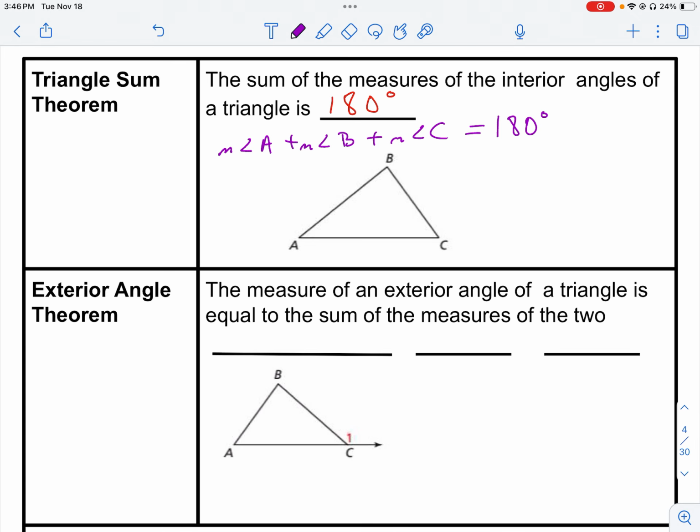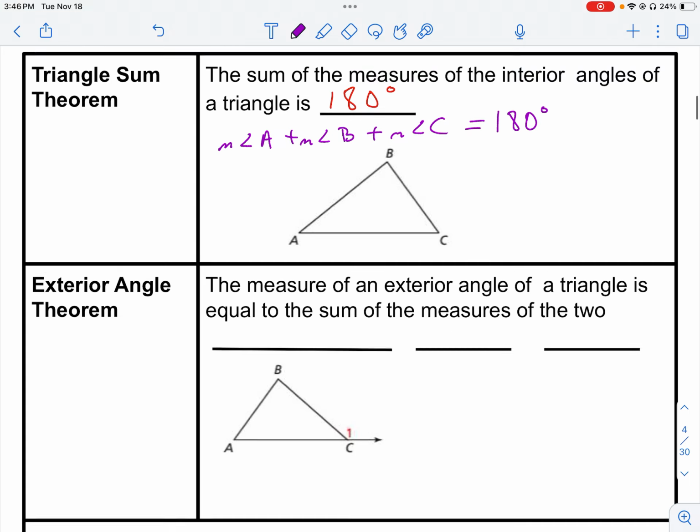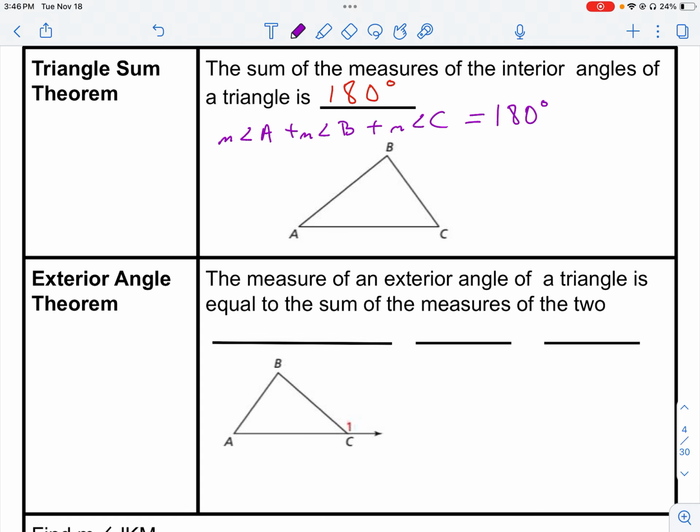We just mentioned them. And so the theorem says that the measure of an exterior angle of a triangle is equal to the sum of the measures of the two non-adjacent interior angles.